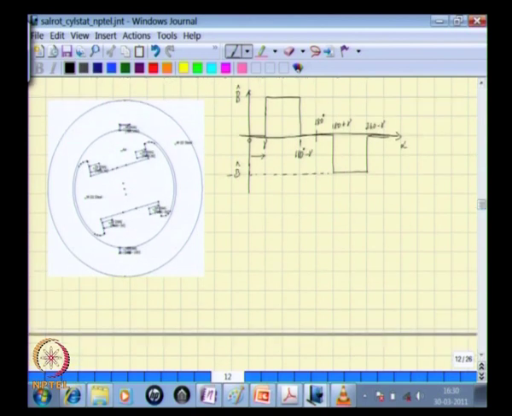Now if you proceed to the left of 0 degrees, then the flux density waveform would look like this. If you look at this waveform, we at once notice that this flux density waveform is an odd function of alpha. We also notice that this waveform has half wave symmetry.